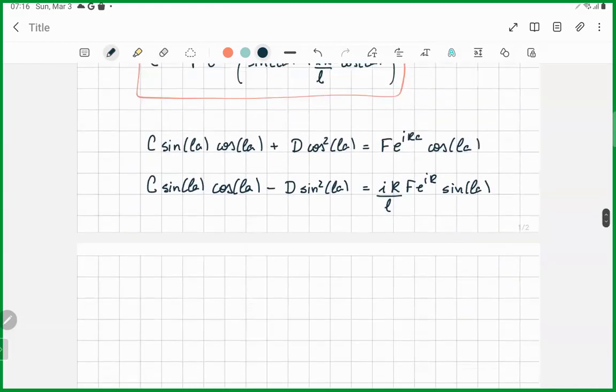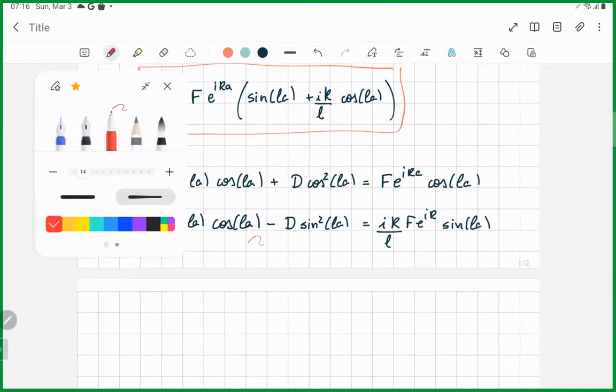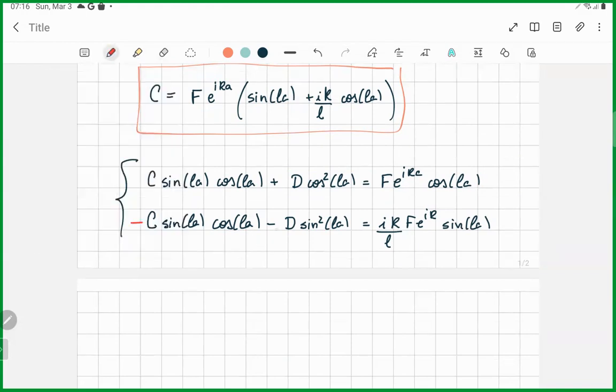All right, so these two also look very good, except for a sine, because I want to get rid of the C. So to get rid of the C, I'm going to multiply the equation here at the bottom by a minus. So minus. Okay, so now we got rid of C when I sum these two. Cosine square, again, cosine square plus sine square is 1, so perfect.